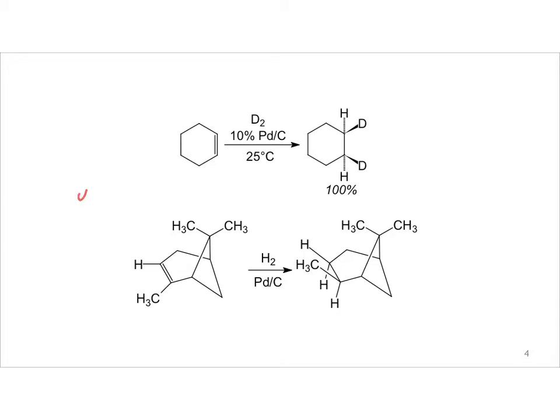This is alpha-pinene. The structure of alpha-pinene, its bicyclic structure, places a methyl group on one face of the alkene, blocking the interaction of that face of the alkene with the catalyst, and so hydrogen can only be added from the bottom side of this molecule, producing again syn addition.